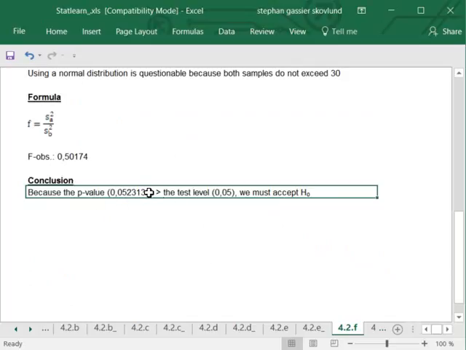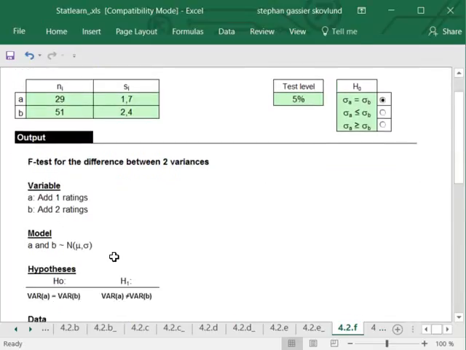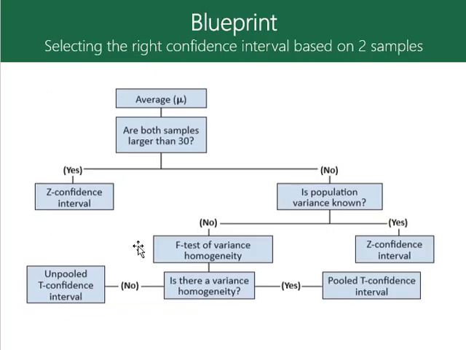Since the p-value here is higher than the test level, we are accepting H0. That means that variance A can be said to be the same as variance B. So we go back to the blueprints and we say, yes, there is variance homogeneity. That means that we can go to the pooled t confidence interval. I have no idea why that's the name, but that's how it is.